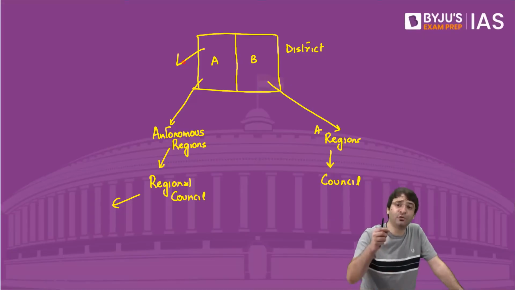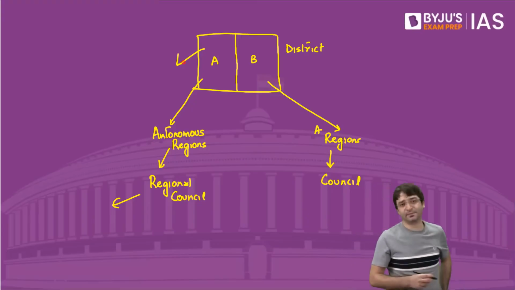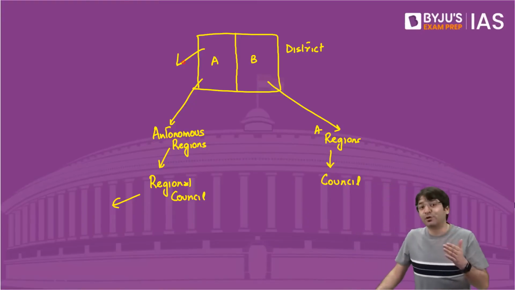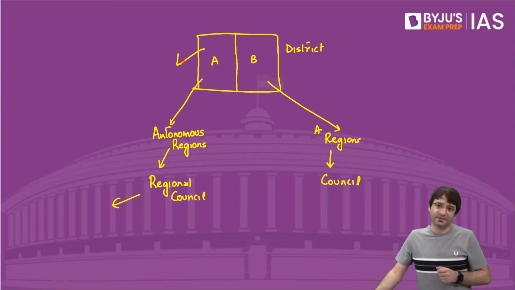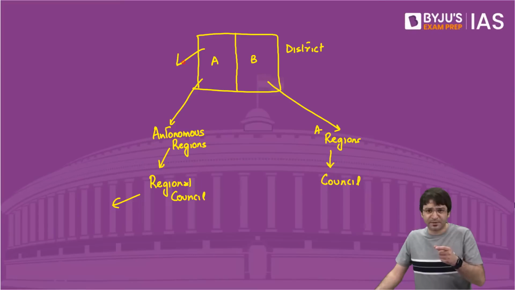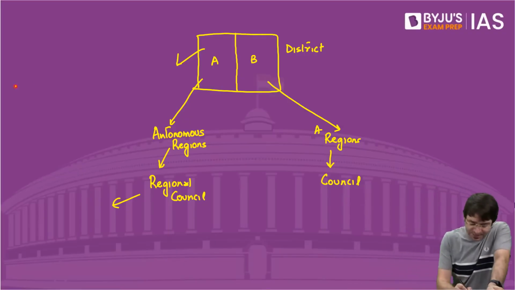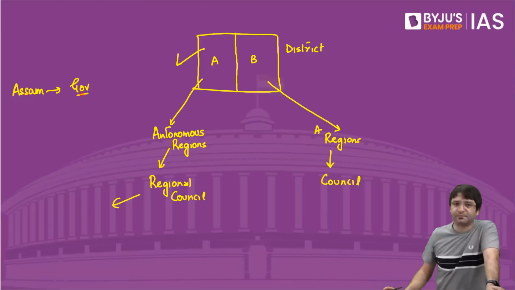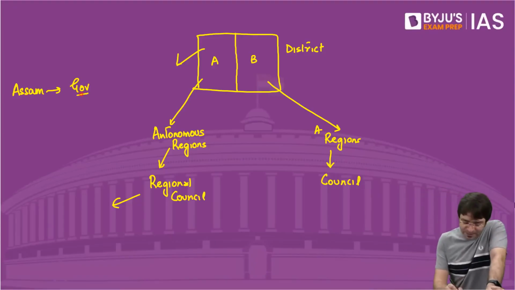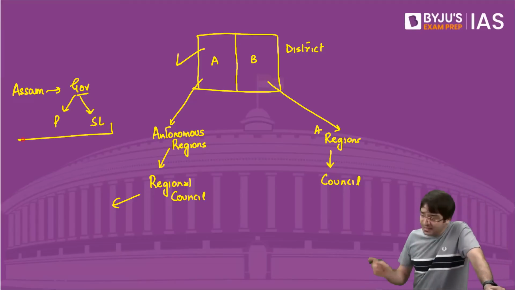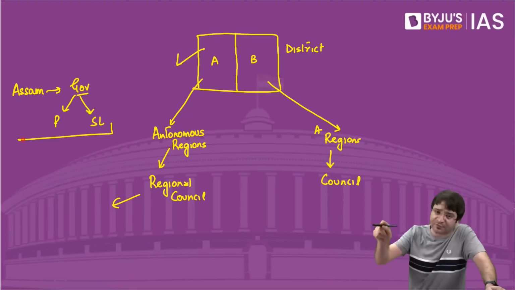That is why, when a law is passed by the parliament, these laws are not automatically applied to Schedule 6 areas. In case of Assam, the governor will decide whether this parliamentary law or this law passed by the state legislature will apply to the scheduled tribal areas of Assam or not.